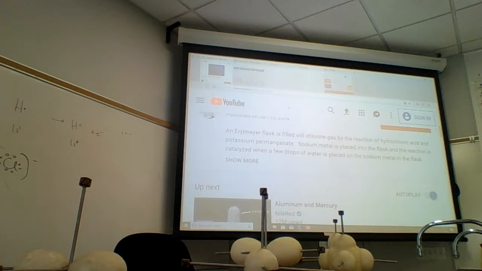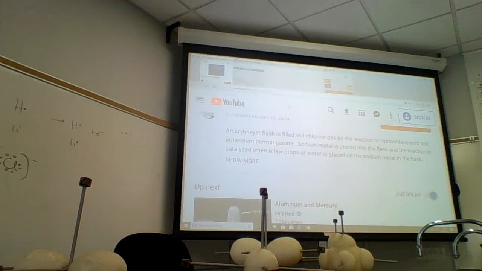Using Lewis structures, Lewis symbols. So sodium has one valence electron, and the electron configuration for sodium is going to be neon 3s1. And then chlorine, what I'm going to do is I'm going to split the molecule.